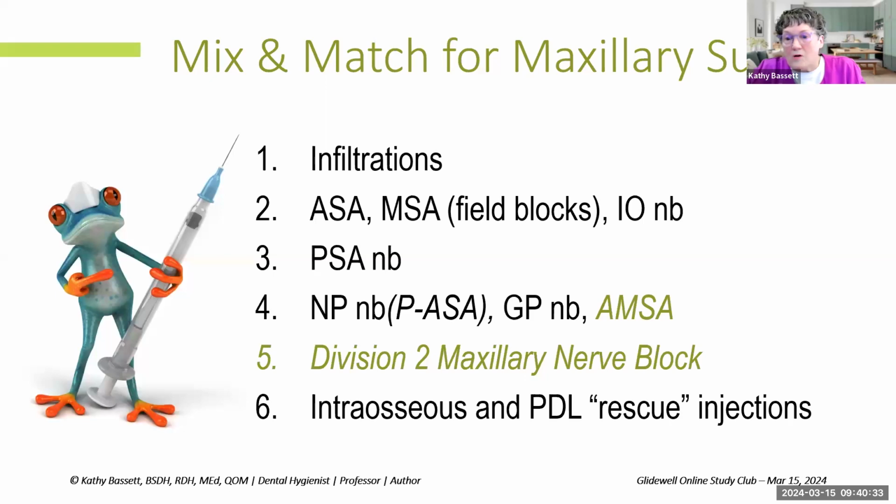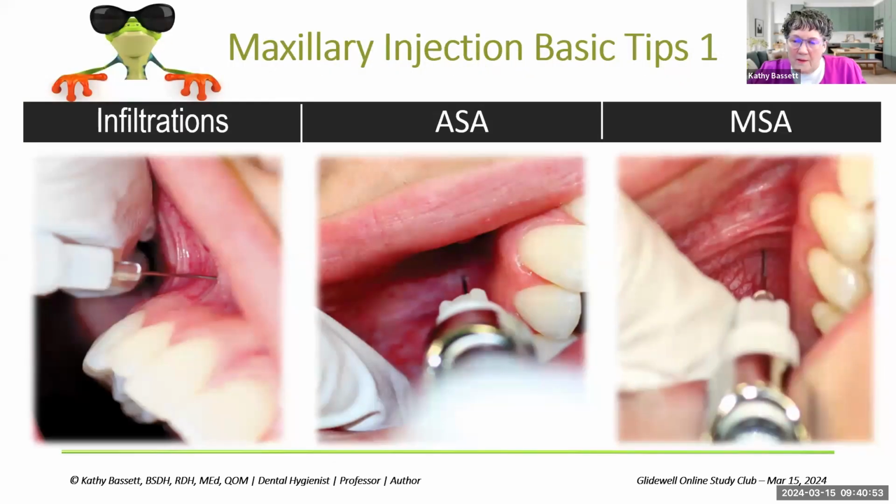And last month, we touched on intraosseous and PDL injections, and the same theories apply here: those can be rescue injections, administered in the same way we would for any mandibular situation. My comments here will be: retraction of the lip really can make a difference.